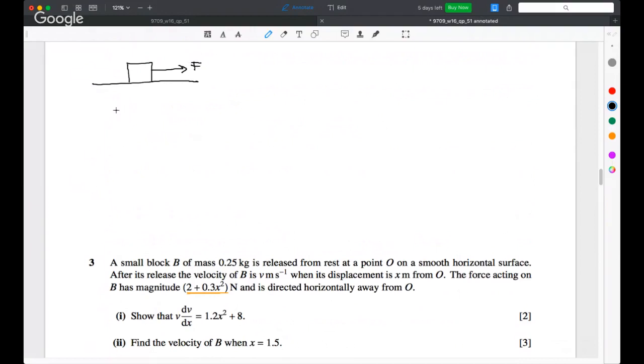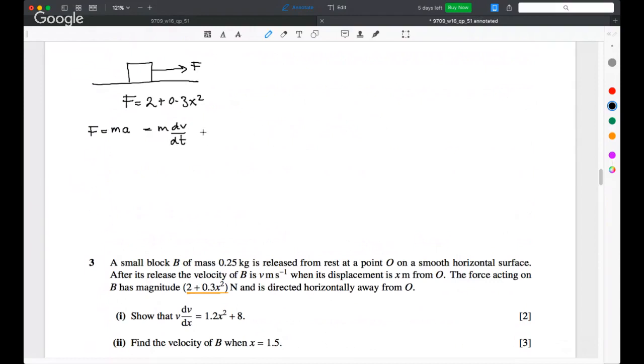Now we're told that F is equal to 2 plus 0.3 x squared. And we know that F is equal to ma. What is a? a is dv dt, right?